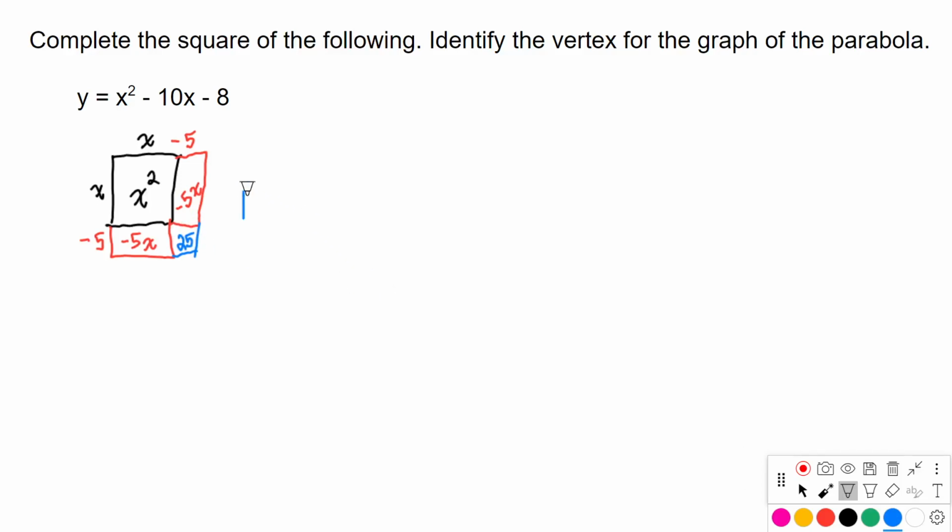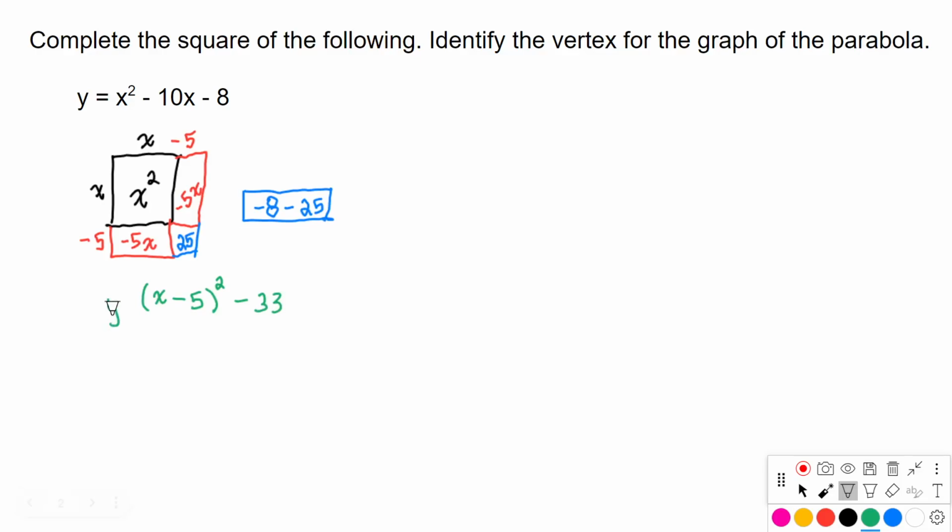Again, to see the adjustment that's going to need to be made, I take a look at my c value that I have, which is -8, and I subtract the units. So now I can write my vertex form: x minus 5 squared minus 8 subtract 25 is -33, so it's a minus 33.